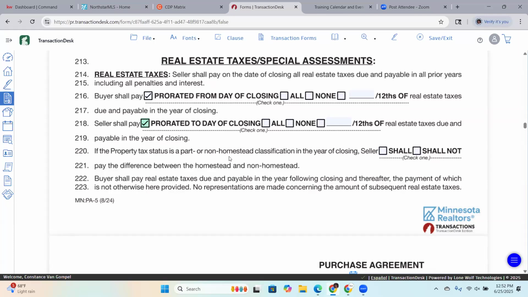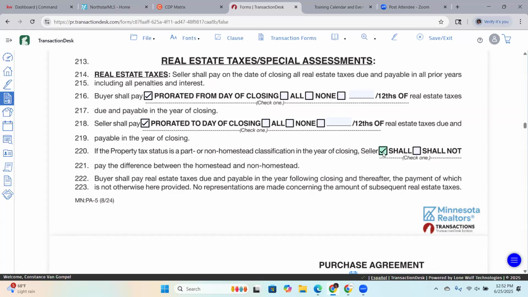If it is part of a non-homesteaded classification in the year of closing, the seller shall or shall not pay. And there is a big difference between regular property taxes for a homeowner that's homesteaded and non-homesteaded. In this case, you would put in "shall" and have the seller pay that difference on the property taxes.